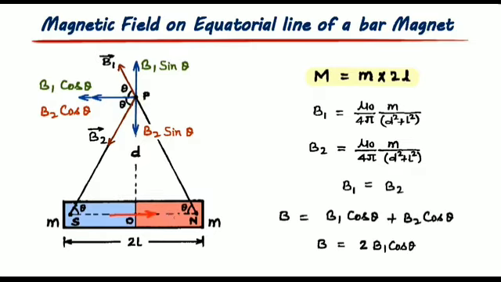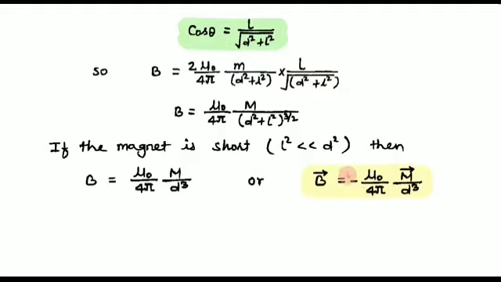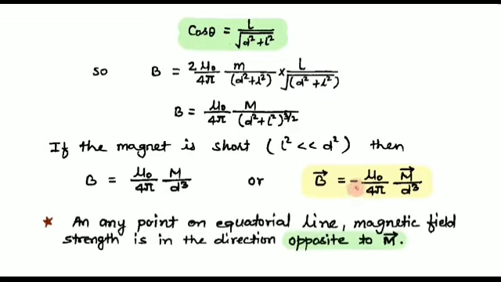Cos theta is equal to adjacent by hypotenuse. So at any point on the equatorial line, the magnetic field strength is in the direction opposite to M. That's why we substitute this value. So B is equal to minus mu naught by 4 pi, vector M by d cube.